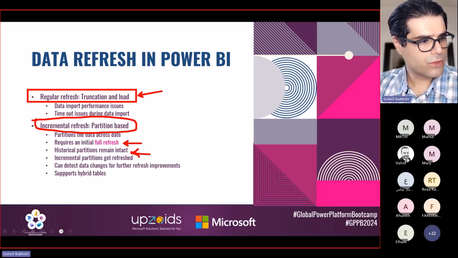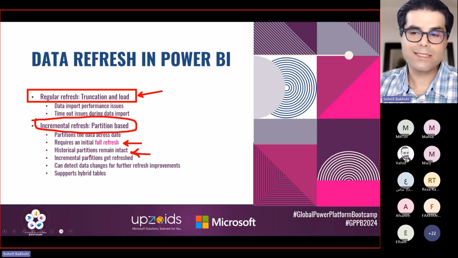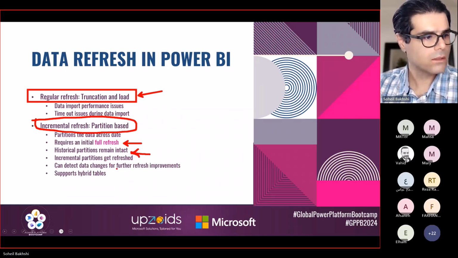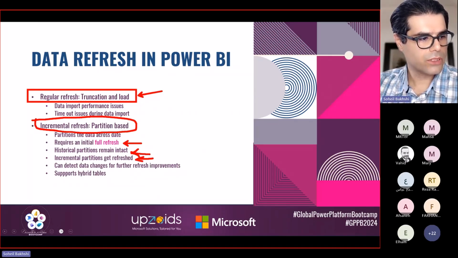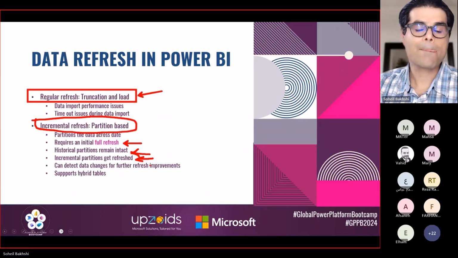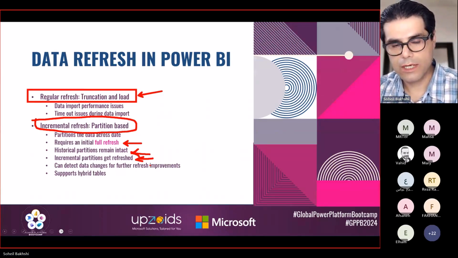We have two types of partitions. We have historical partitions, which will remain intact after the first data load, right? So they are not going to change at all. The second type or category of partitions are incremental partitions, which will get refreshed after the first initial refresh.